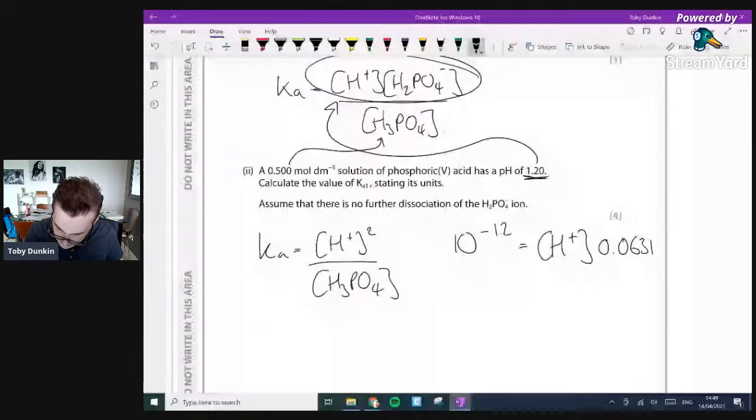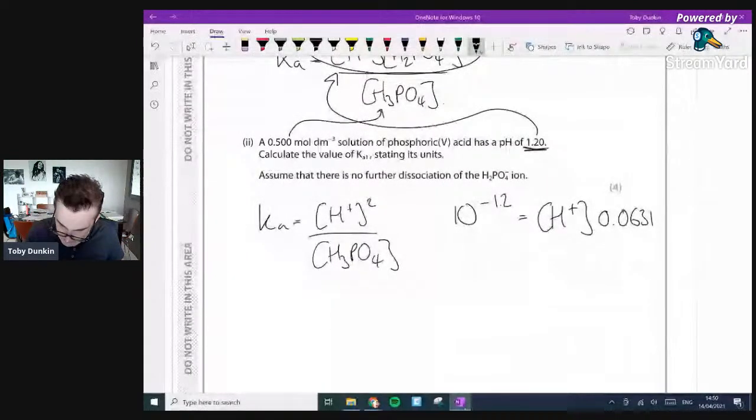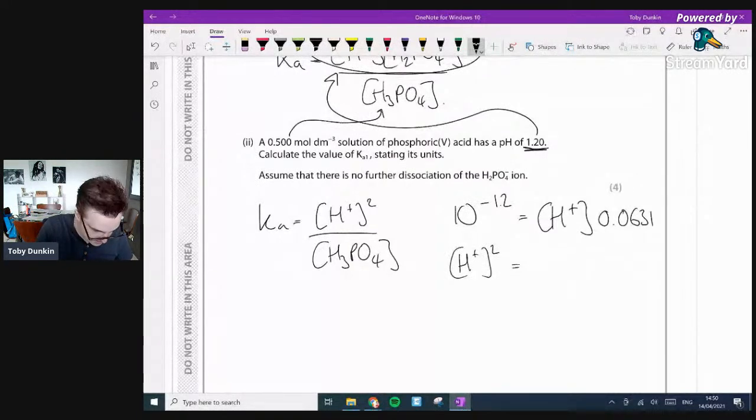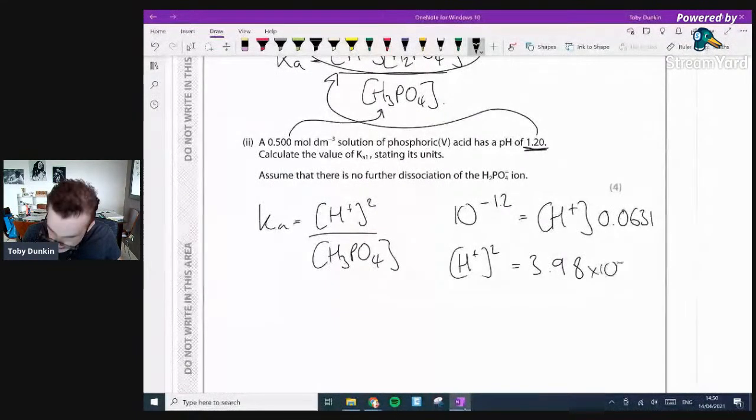I've got to remember to square that number. So [H+] squared: 10 to the shift log minus 1.2 gives me that. Square the answer equals, I get 3.98 times 10 to the minus 3.